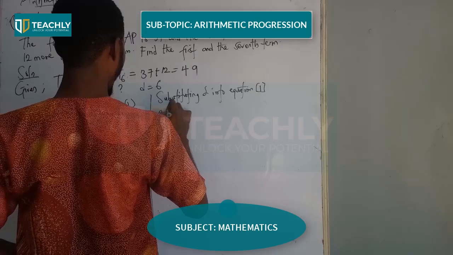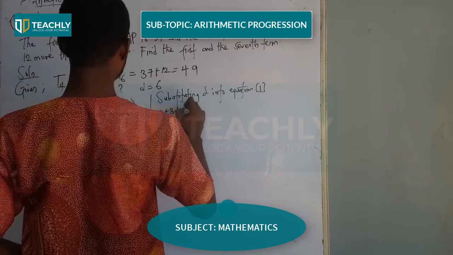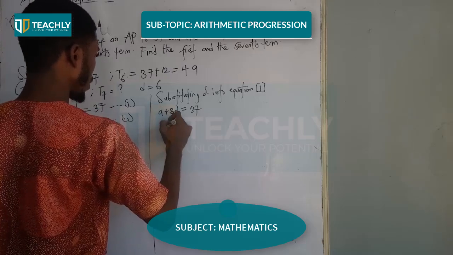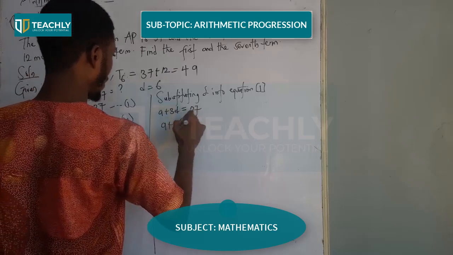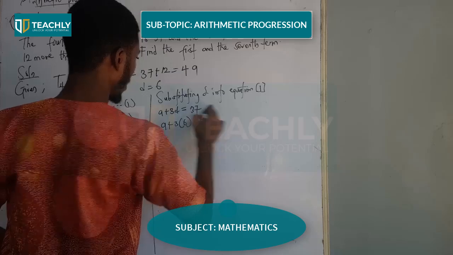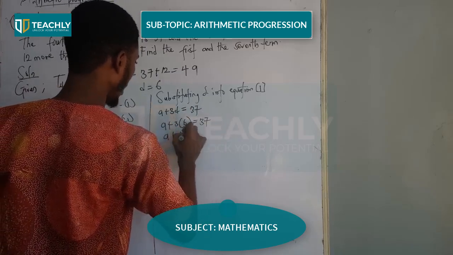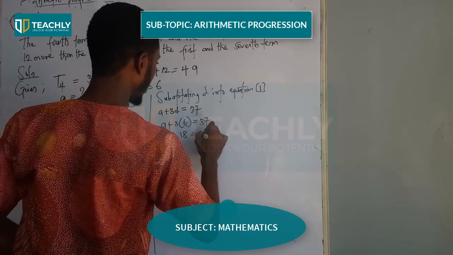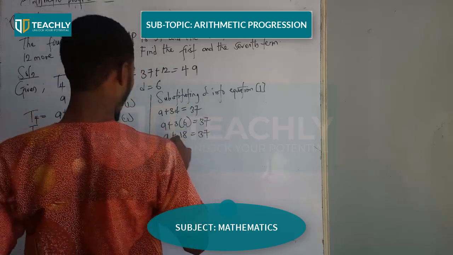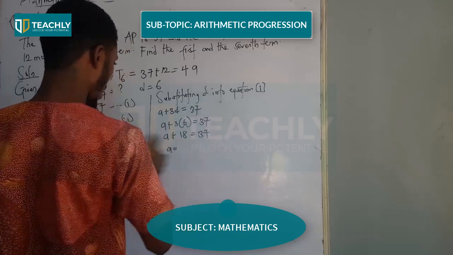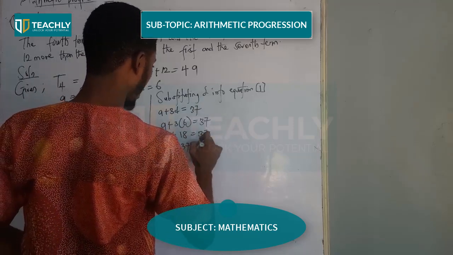So I have A plus 3D is equal to what? 37. So I have A plus 3 in bracket 6 is equal to 37. So my A plus 18 is equal to 37. So A, if this crosses to the other side, like we did earlier, we have 37 minus 18.